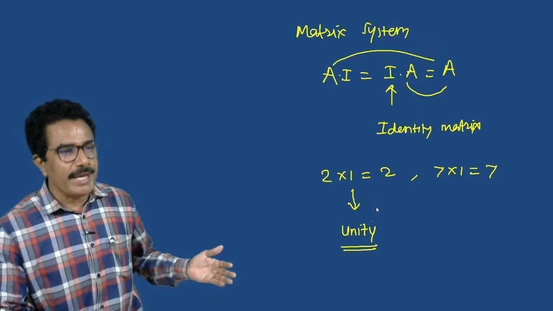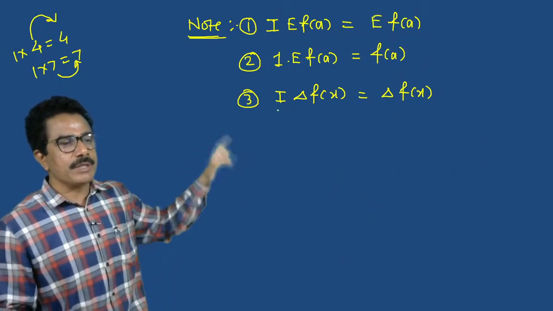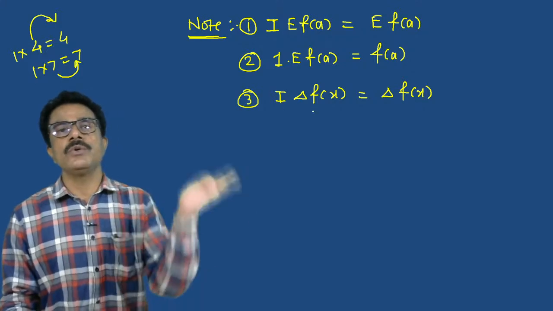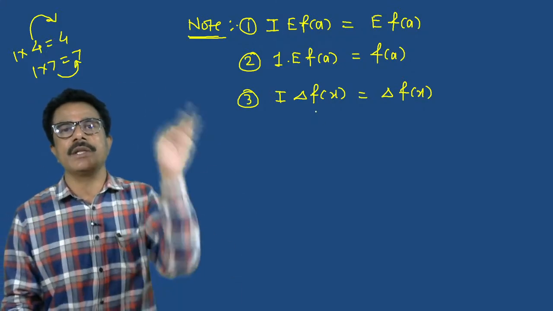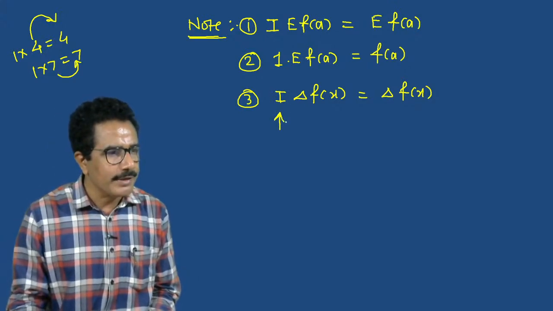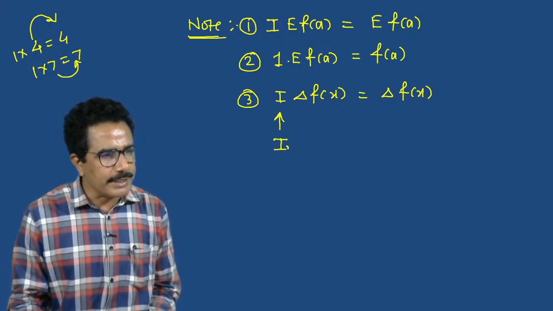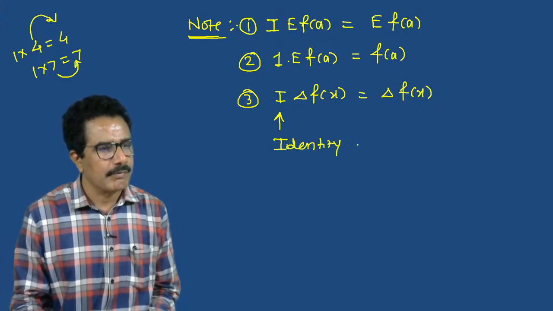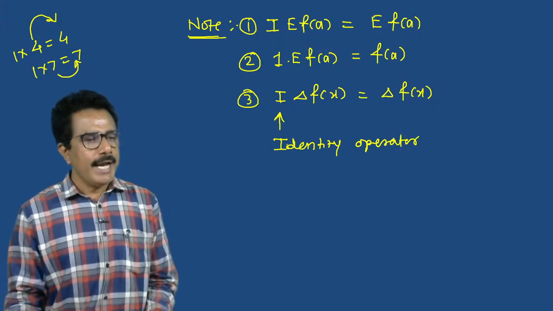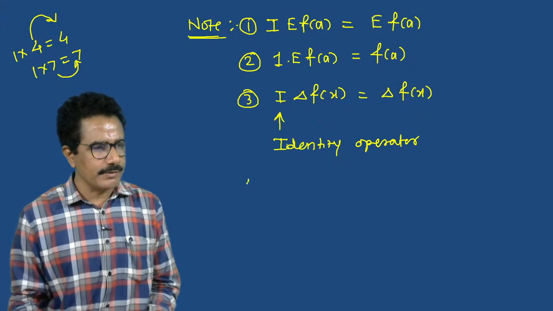So in this way, when we use the product of I with any function, then it gives that initial function or the same function. So we can write this as identity operator. See this 4.